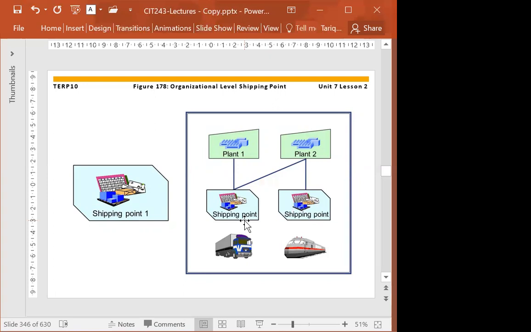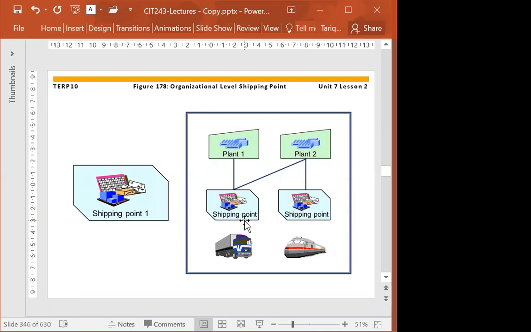And by the way, it's not only the shipping points related to the plant, but it could be a post office, or some courier office. That could be a shipping point.